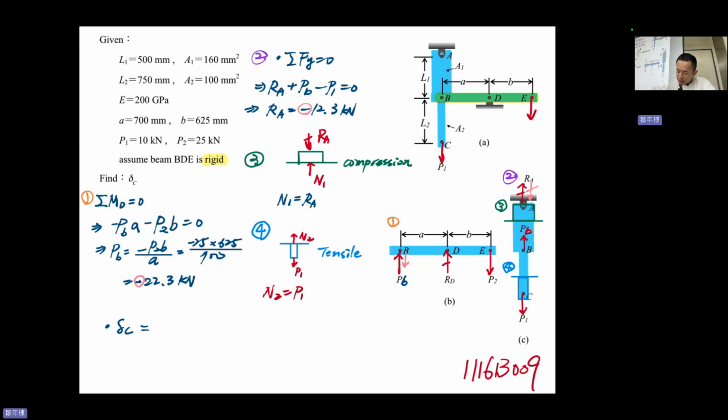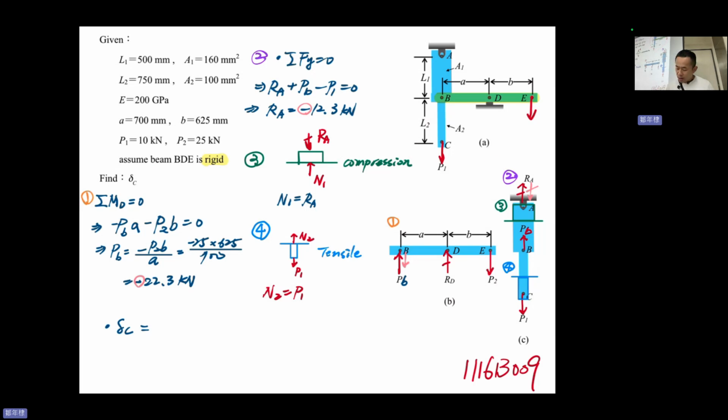You determine the force balance in the first component first, and you see that PB is downward. Because it is downward at point B, in the second component the B and B overlap, so the forces at these two points cancel each other and become an internal force that you cannot see in a real system.